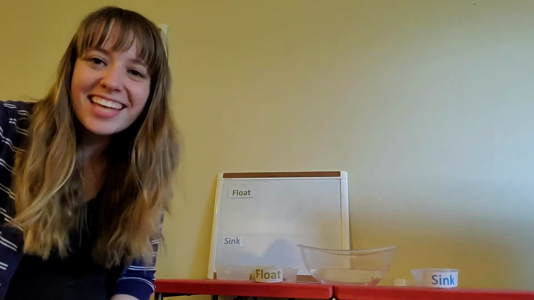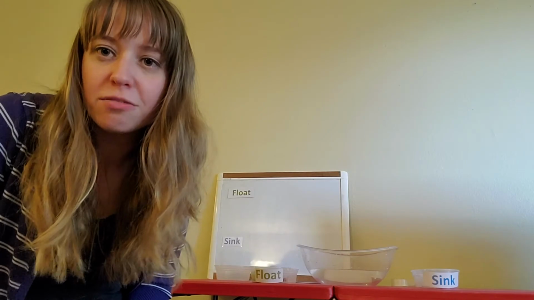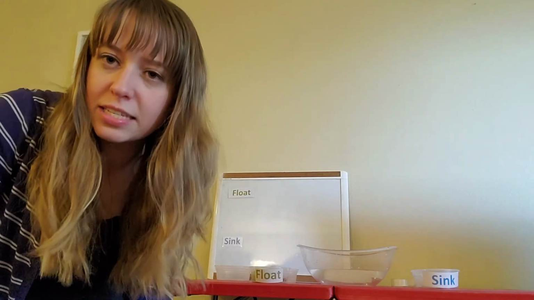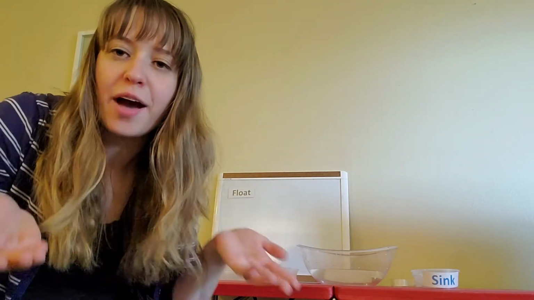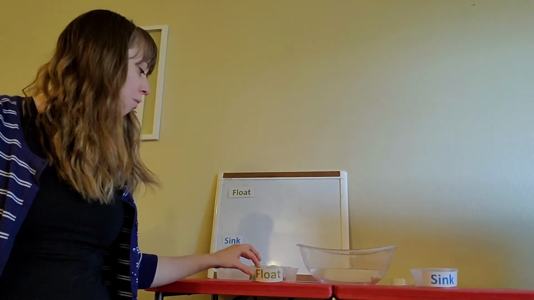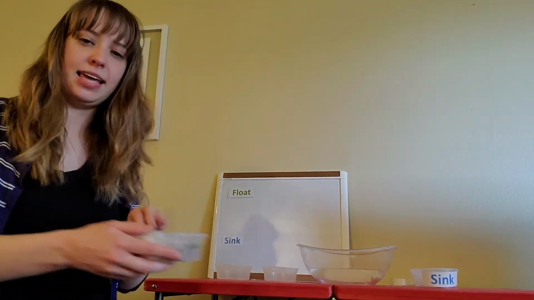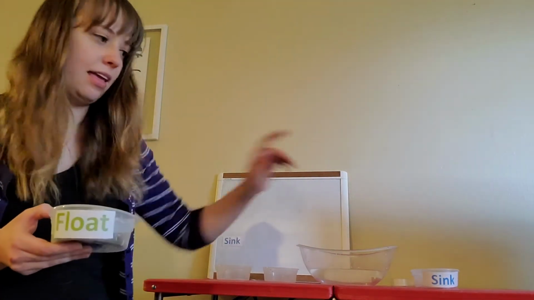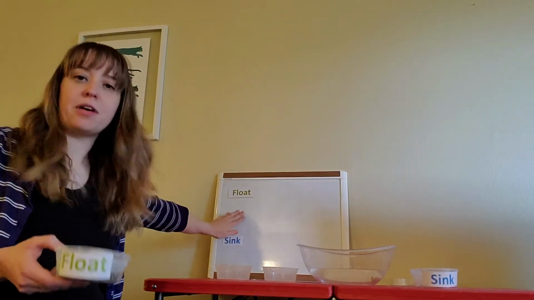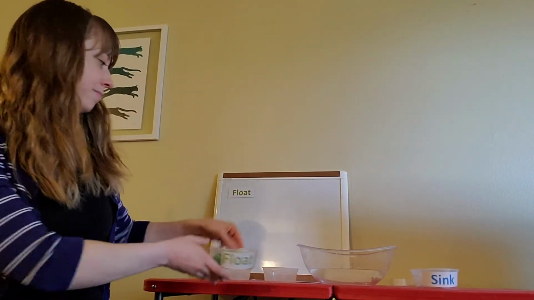All right, the next thing we need to do is make our results a little bit easier to see and see what we found out. So we're gonna take each of the items in this float bowl and then in the sink bowl, and we're gonna put them up on this board.